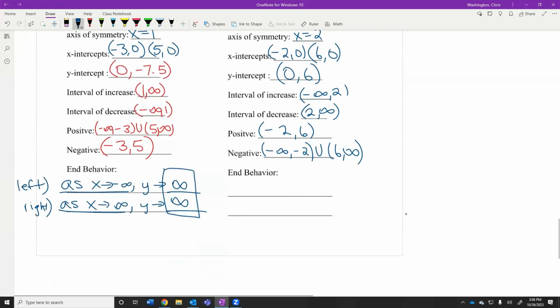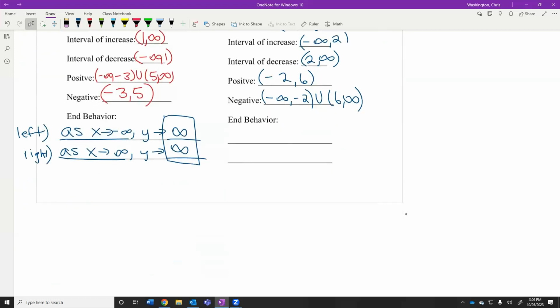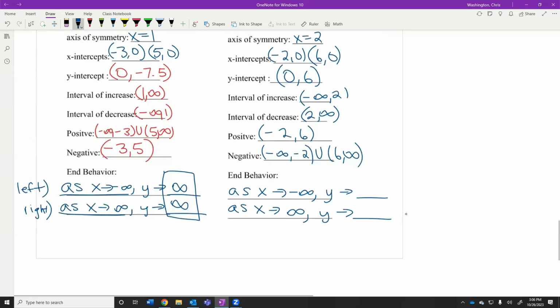And the end behavior. We're going to write the same two statements. As x goes to negative infinity, all that means is the left side of the graph. And as x goes to positive infinity, all that means is the right side of the graph. So as we go further and further to the left, what are the y values doing?